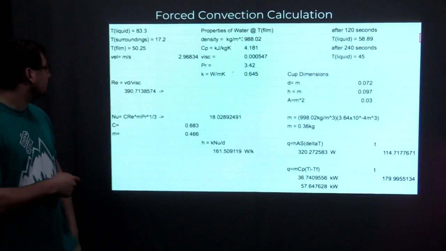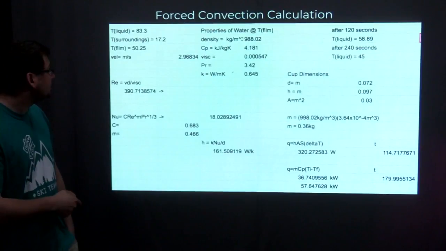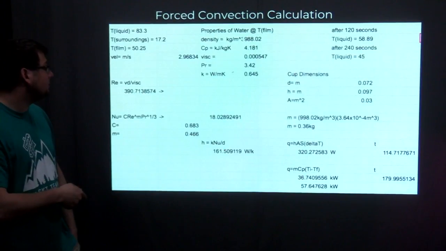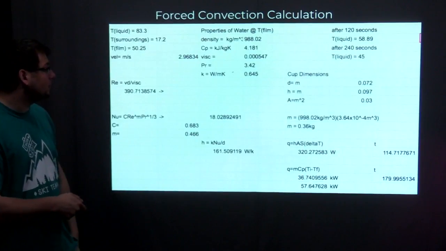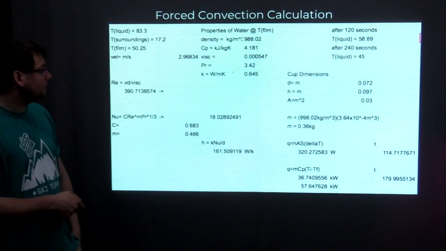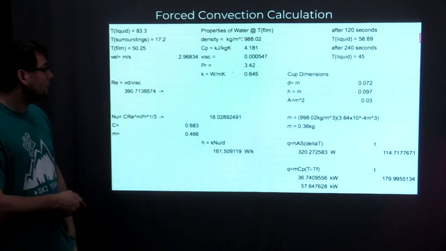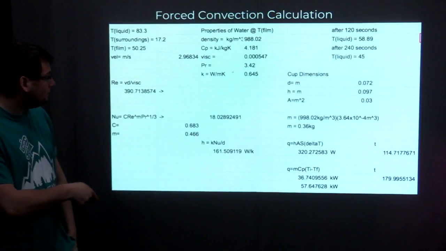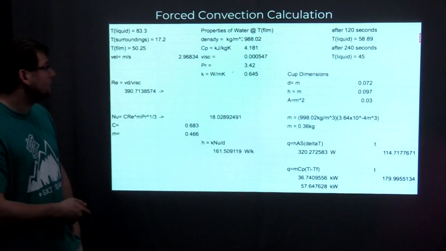After the Reynolds number, we found the Nusselt number and used that to find the heat transfer coefficient in watts per Kelvin. We then used the heat transfer coefficient with Newton's law of cooling to determine how many watts total were transferred during the process. And from there, we found the convection rate using the mass and density of water in the cup. And from there, we calculated the time for the experiment for forced convection.